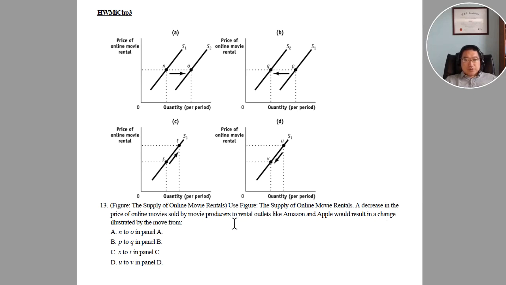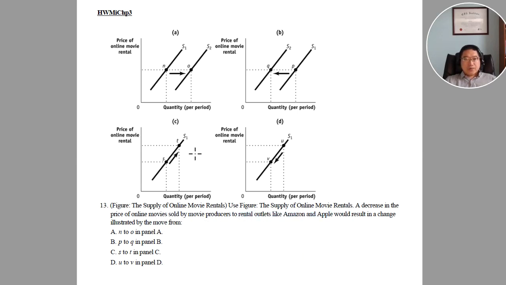The movie producers basically provide an input, the online movies, to the rental outlets. So the prices are charged by the rental outlets, who are the suppliers for this online movie rental market. And then what we should be able to think about is that the input price for the online movies becomes lower for the rental outlets like Amazon and Apple.